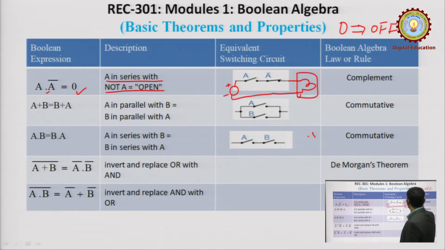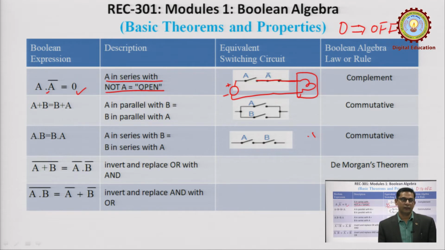The other switch is closed, but there is no path because switch a is open. It means the appliance is not connected to the source, there is no current in the path, and the appliance will remain in the off state.